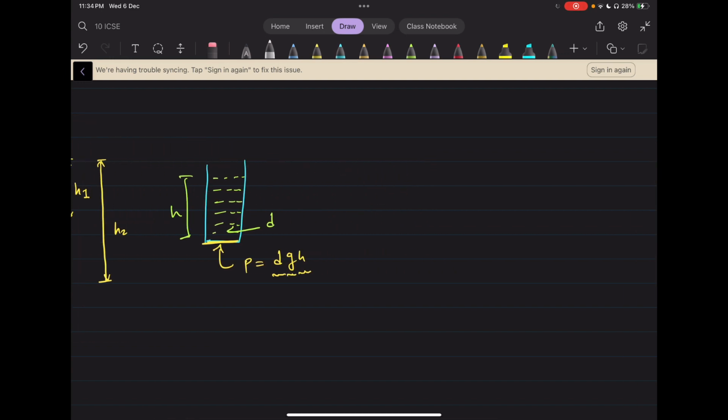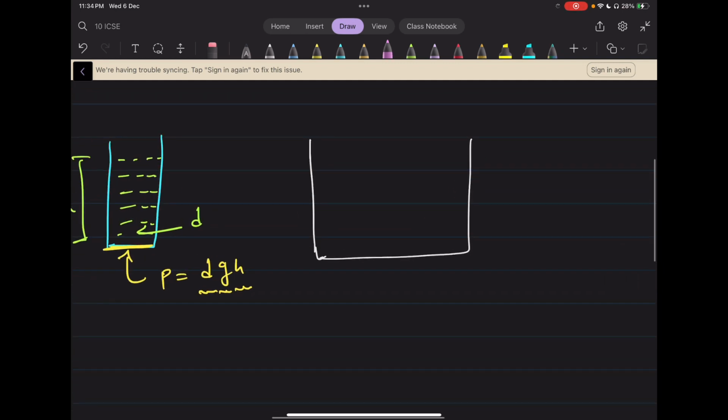Another important thing we need to understand and remember for the upcoming concept is that the force exerted by a fluid is always perpendicular to any surface.